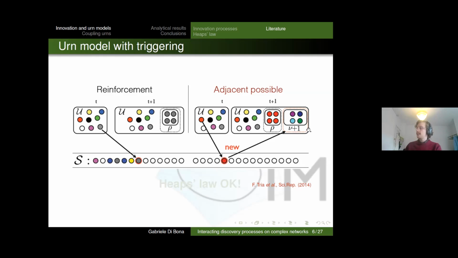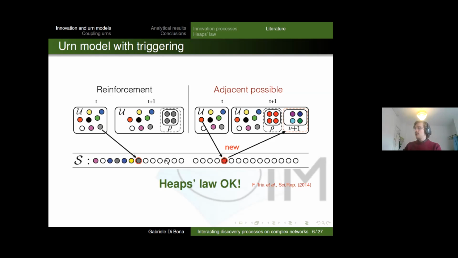This means that, for example, whenever we listen to a new song, maybe it's a new album, and maybe this triggers the possibility of listening to some songs that are very close to that one. So that's why it's adjacent possible. We trigger new possibilities that are close to the one that we just drew.